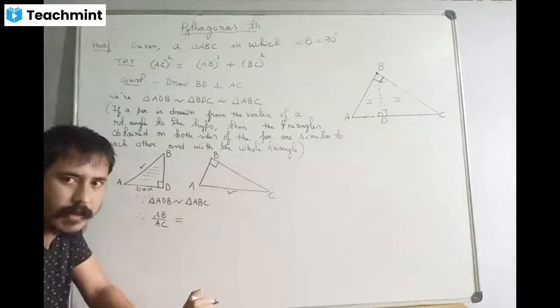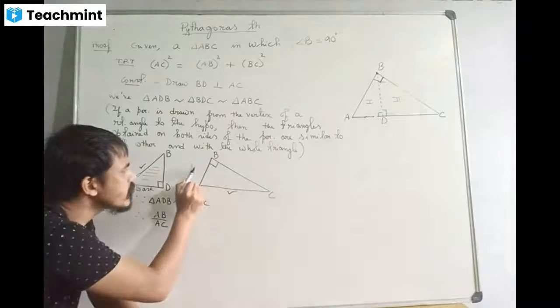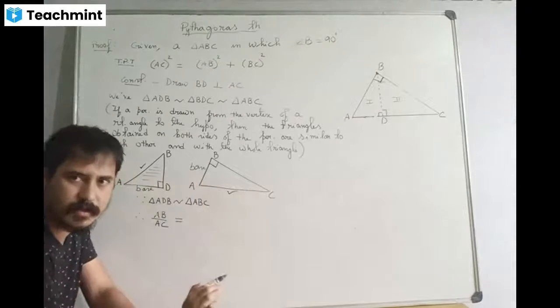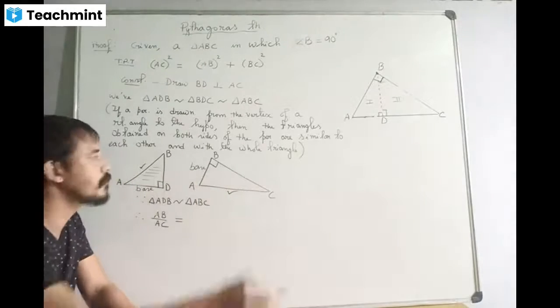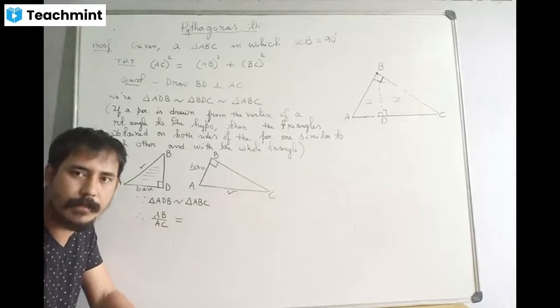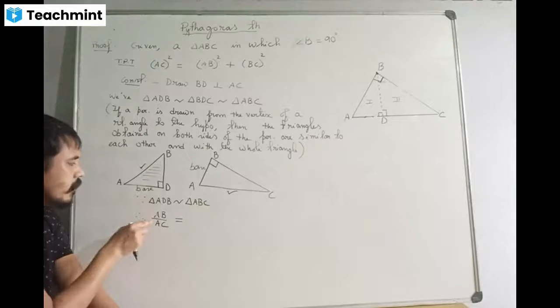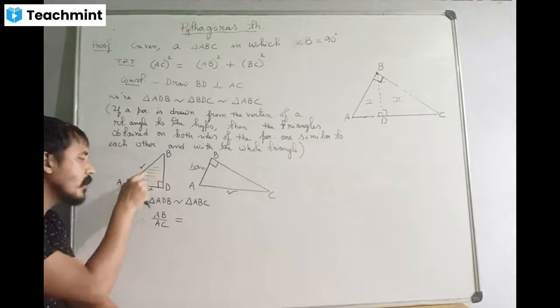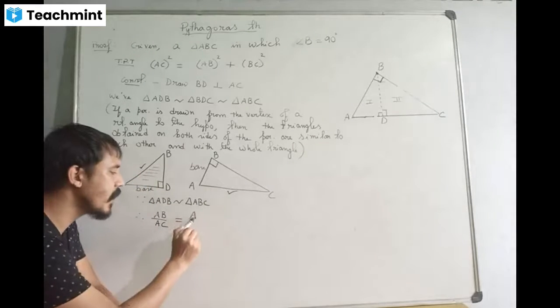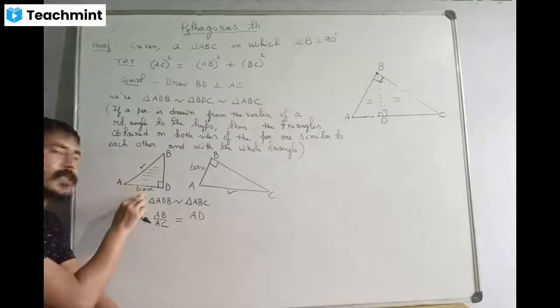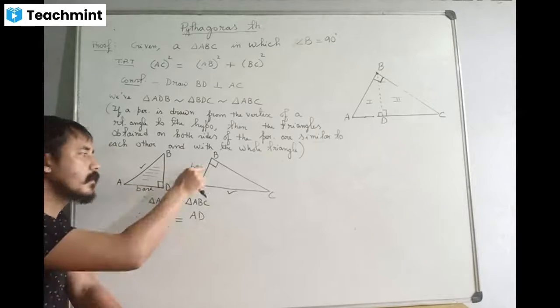You can take any one of them. But let me choose AB as your base, so that next time you choose BC as the base. Alright? So from this right triangle, if I choose the base AD, then base should always correspond with base.